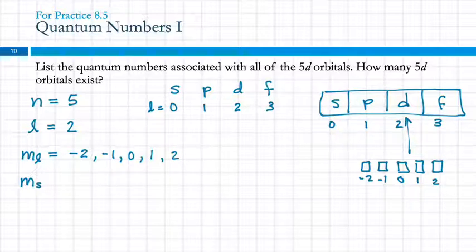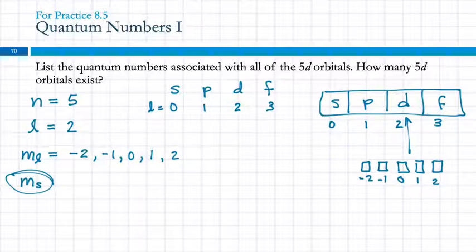And then electrons can have a spin, but this describes a specific electron in the orbitals.